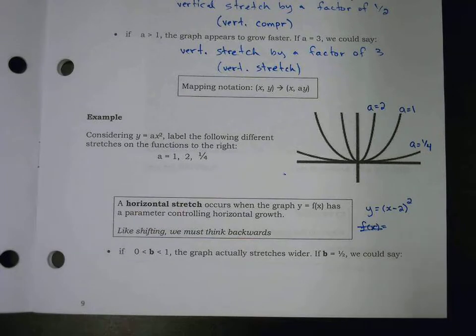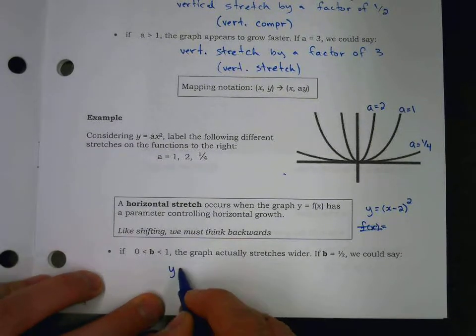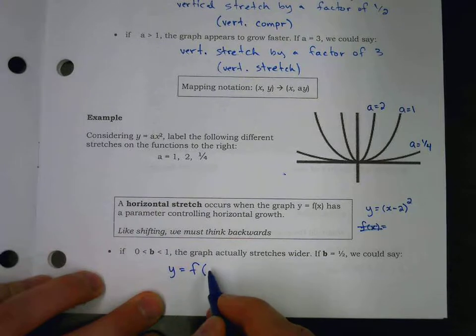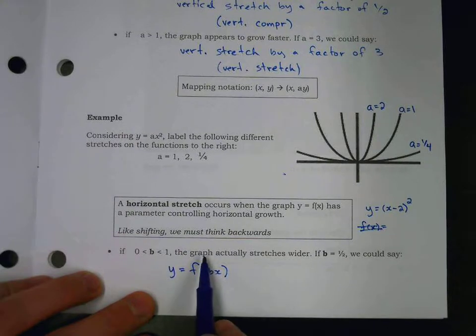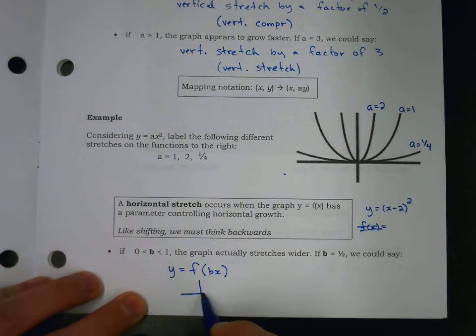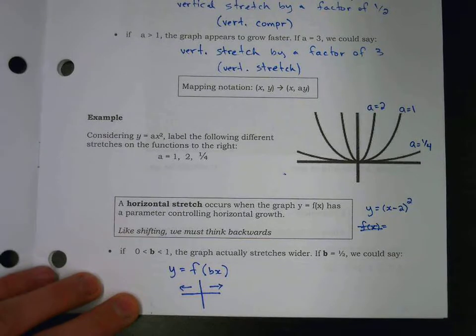When we're talking about horizontal stretches, a similar backwards logic is required. So if I said there's a b value that is between 0 and 1, let's say 1/2, it actually stretches wider. So what's happening is a b value of 1/2 is actually stretching wider by a factor of 2.